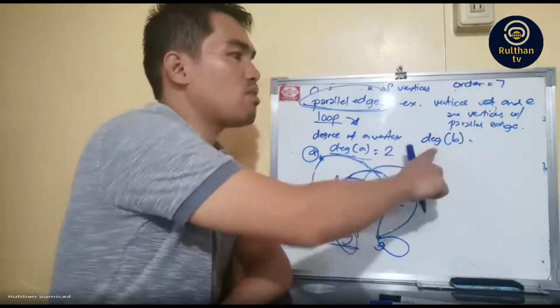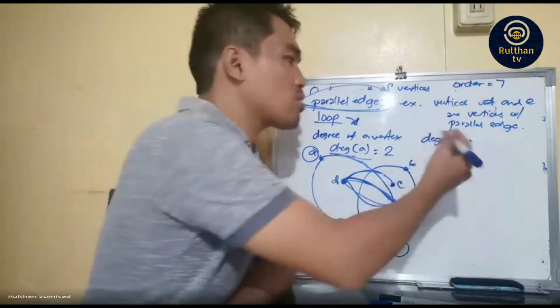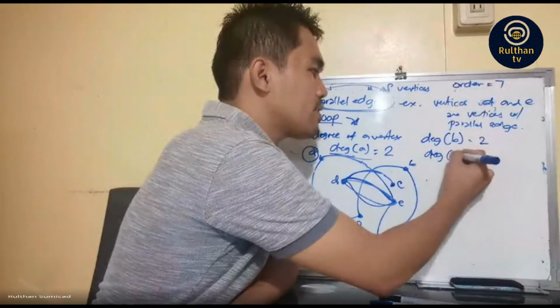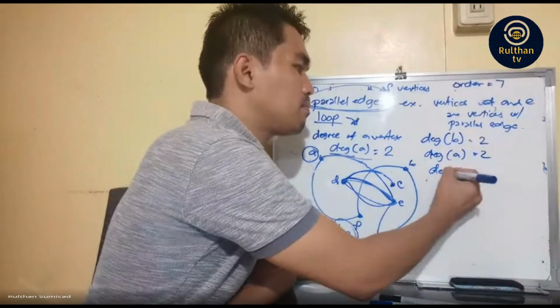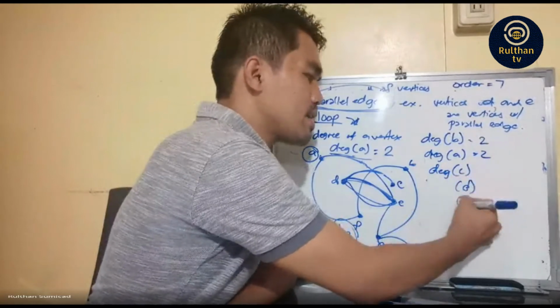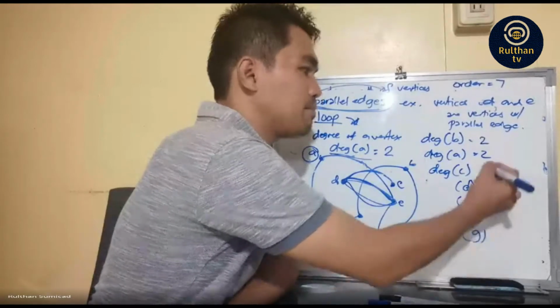That makes now vertex B with degree 2. So actually the degree of A is 2. The degree of C, D, E, F, and then we have G.